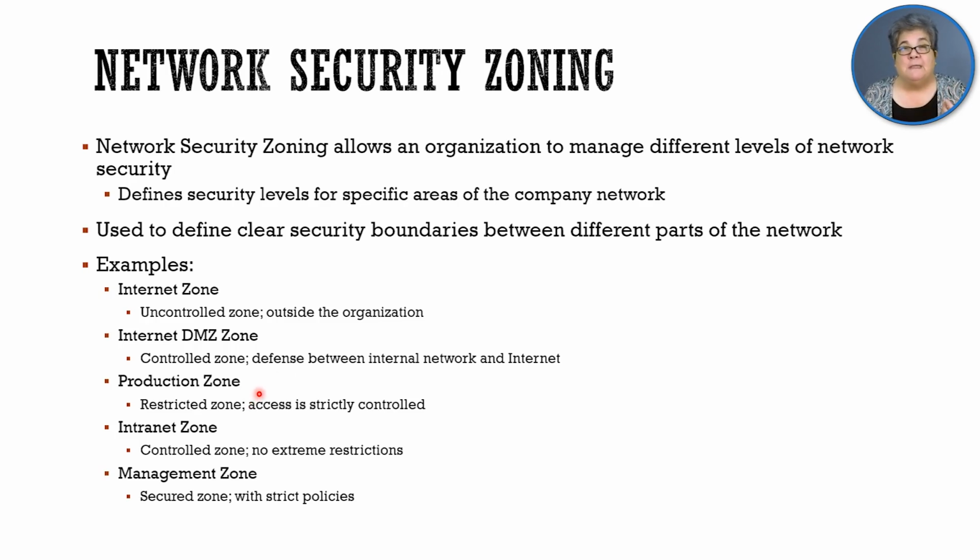This would be restricted. We would strictly control access. You have the intranet zone, where maybe administrative people work. It too would be controlled, but no extreme restrictions, as opposed to a production area like manufacturing, where you really want to make sure that no one's breaking into the manufacturing process.